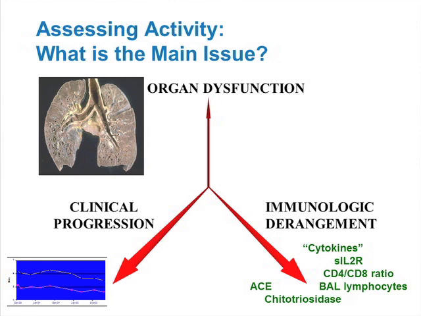Some people refer to that as being the degree of organ dysfunction, whereas another axis of activity could be the degree of clinical progression. This would imply that the patient would need to be followed over time to document activity. And a final axis of activity could be the degree of immunologic derangement as measured by any kind of proposed cytokines or various other laboratory tests which are supposedly linked to the degree of inflammation.